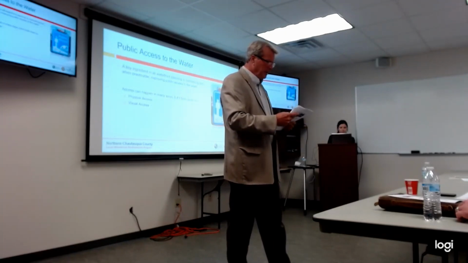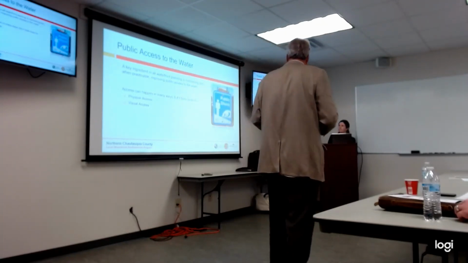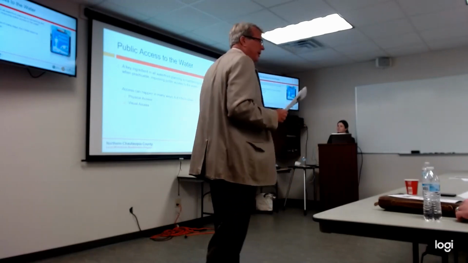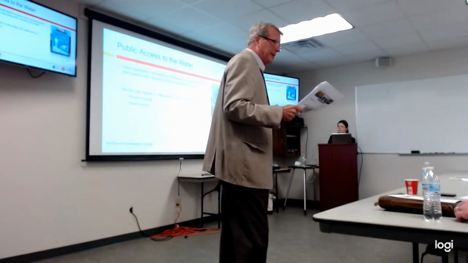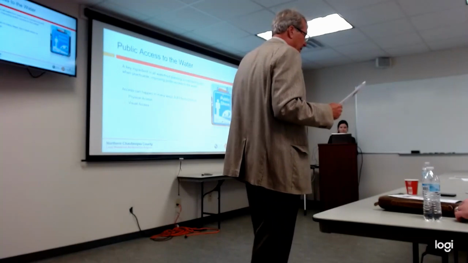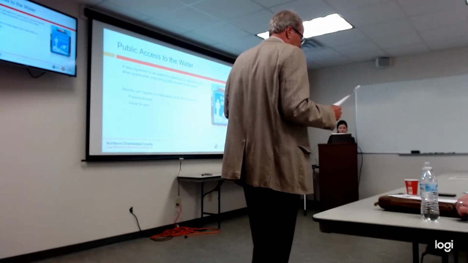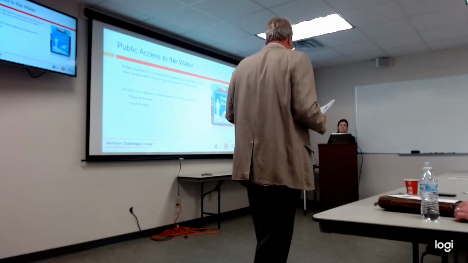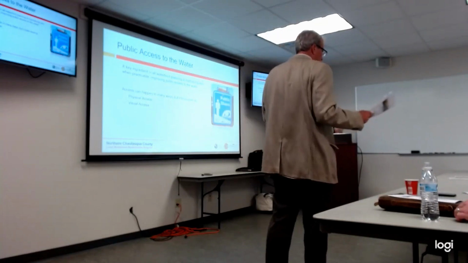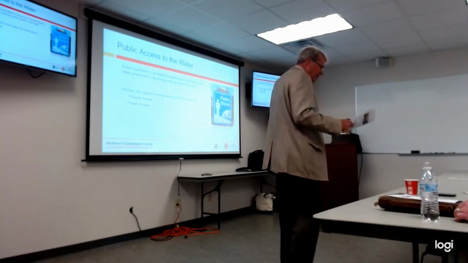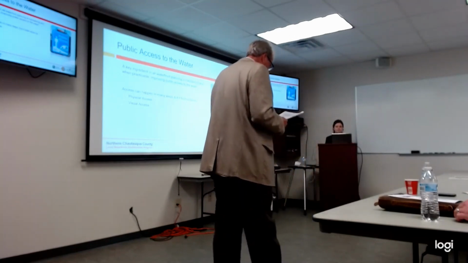So what are some of the types of projects that are in a typical LWRP? Public access to the water, physical and visual access. The community having the ability to get to the water resources.